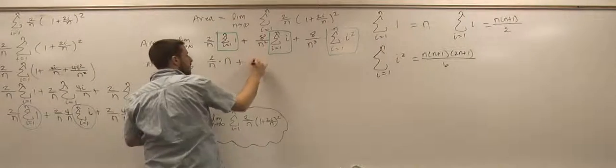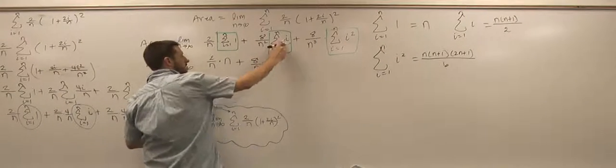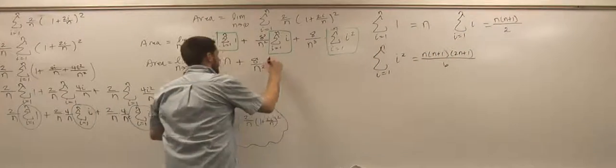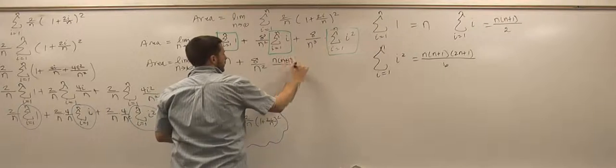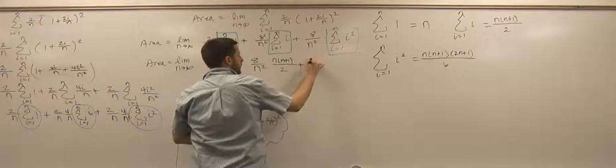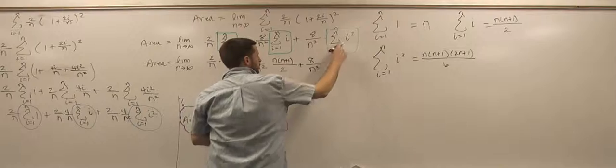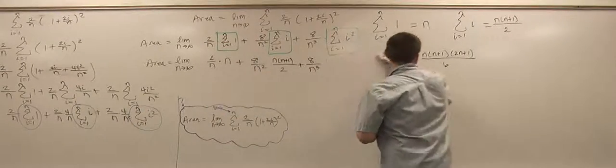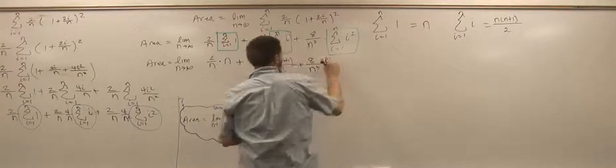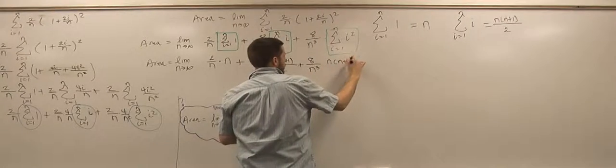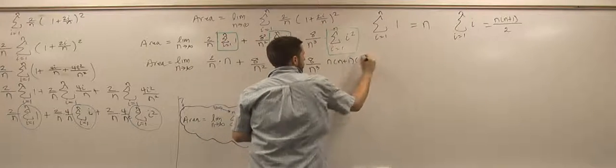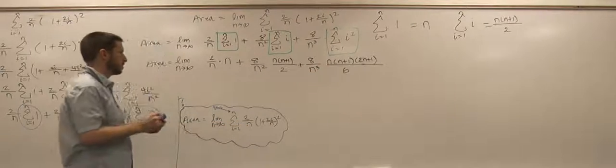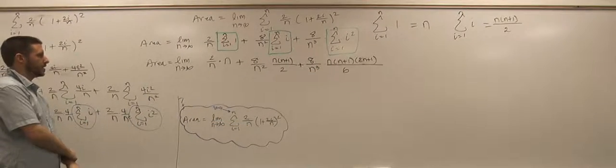Plus, leave the 8 over n squared, but this guy gets replaced with n times n plus 1 over 2, absolutely. Leave the 8 over n cubed, but then replace this guy with this monstrosity. So this guy gets replaced with n times n plus 1 times 2n plus 1 over 6. Oh my.